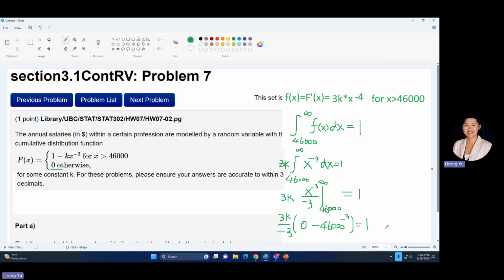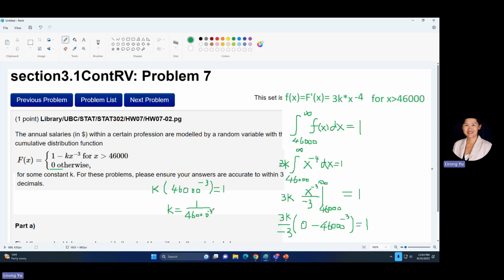So k times this equals 1. What's k equal to? The 3 is already canceled, the negative also cancels, so k times 46,000 to the power of -3 equals 1. Then k is equal to 1 over 46,000 to the power of -3.